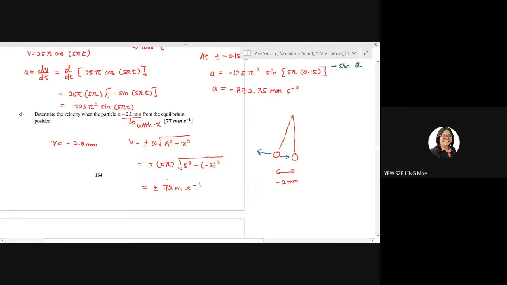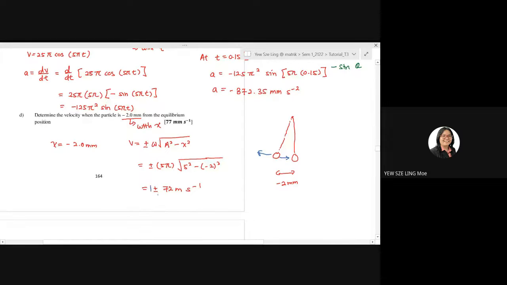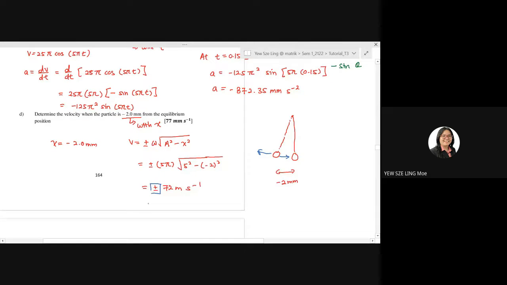Therefore, I cannot choose the sign convention. I cannot tell you whether V is positive or negative. That's why I need to keep both of them in my answer, because there are two possibilities: either it's moving to the left or to the right. It depends on the motion. The question just tells me the position without telling me the direction. Therefore, I don't know whether it's positive or negative.